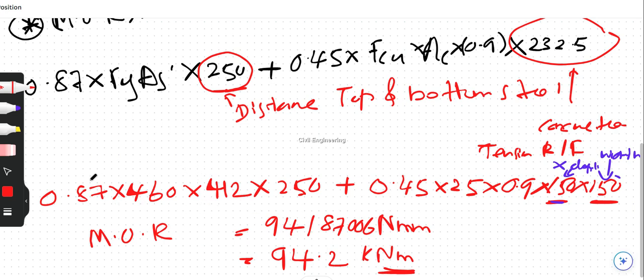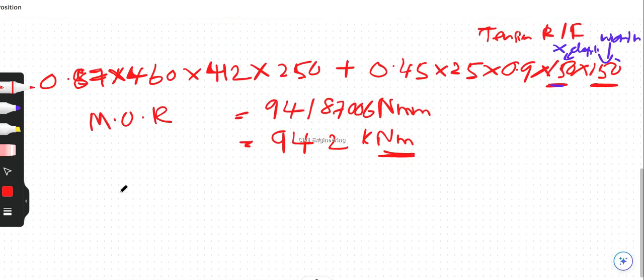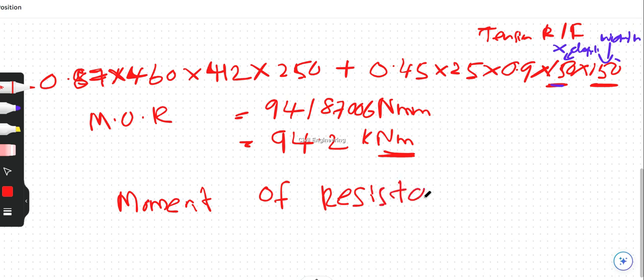By using a calculator, you can simplify these values. This is the moment of resistance of the beam. It means this is the bending moment that the beam can resist.